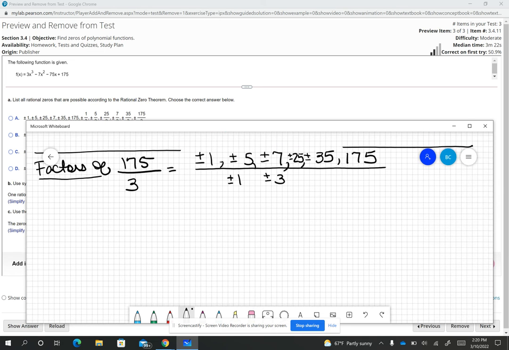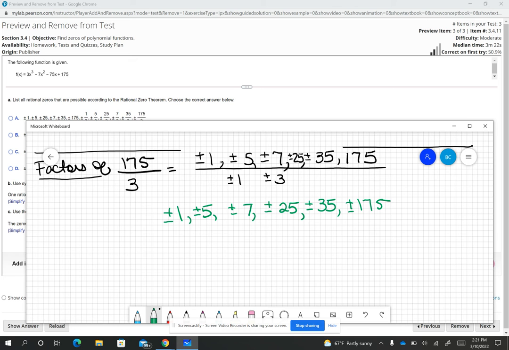Now I'm going to create fractions, and that's where the answers come from. So obviously 1 over 1 is just 1. 5 over 1 is just 5. 7 over 1, 25, and 35, and 175.